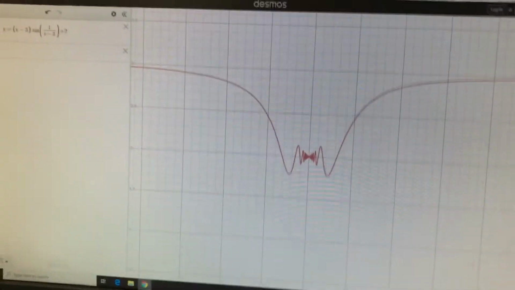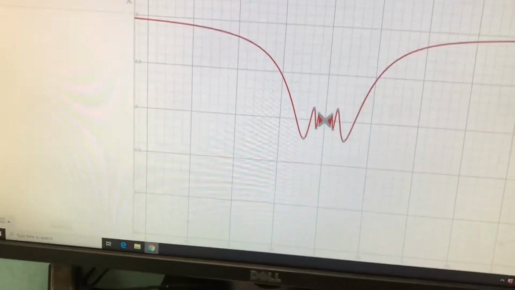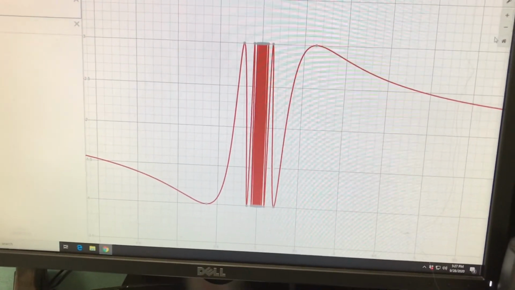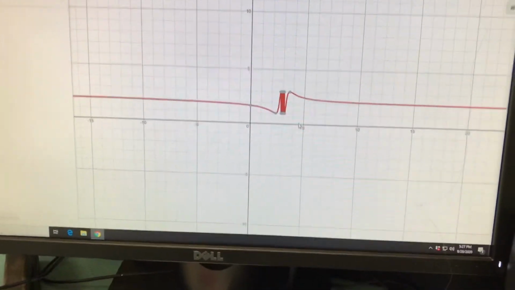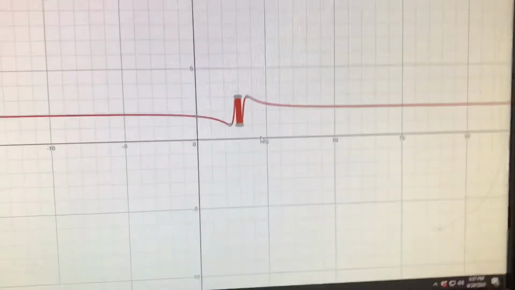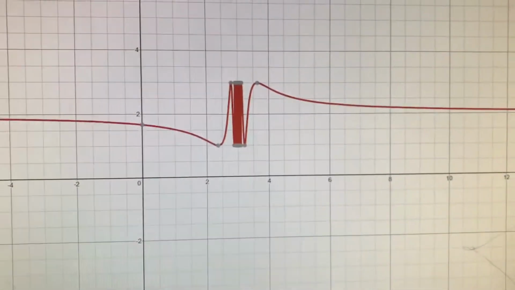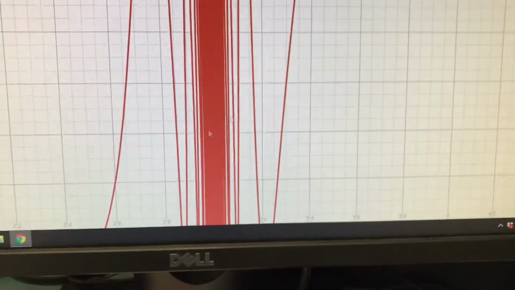Let's go over here and try to see what's going on with this. So here's Desmos. That's our previous graph. Okay, so here's what the graph actually looks like if you zoom in. I'll zoom out just a little bit. So there's that kind of squiggly thing in there that happened on the graphing calculator. And here's what happens. As you continue to zoom in, this is a graph that goes way up and way down.